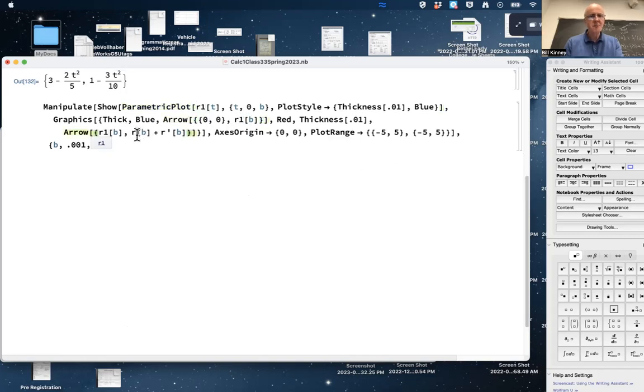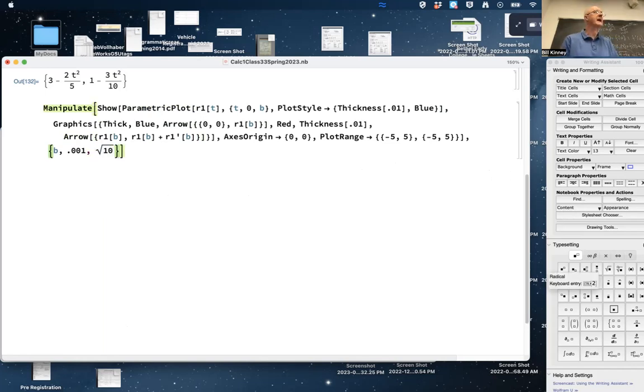Let's also change the amount of time the bug travels from 10 seconds to, how about square root of 10 seconds? Because we replace t with t squared. If the bug's going to start and end at the same point, and I replace t with t squared, I better go to square root of 10 instead of 10. Square root of 10, which is a little bit bigger than 3.